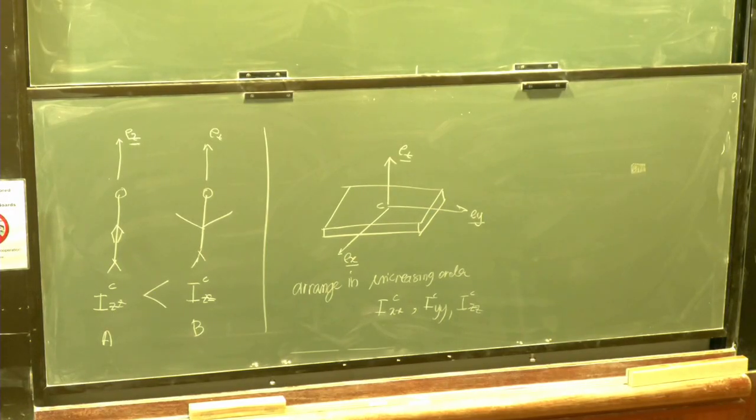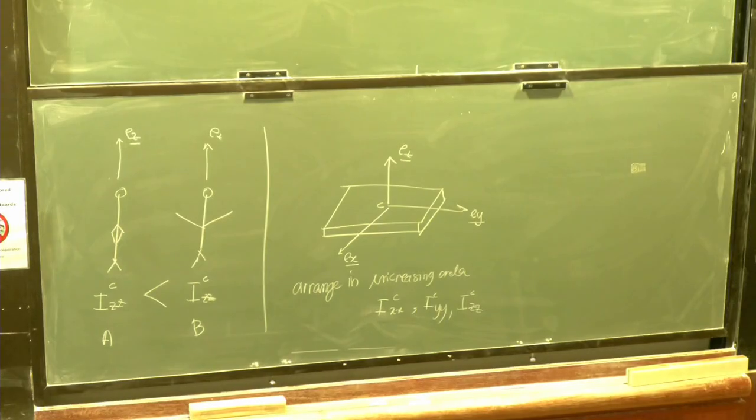Okay, so here, which moment of inertia is the greatest? Z, right? I have the most mass distribution about Z. What about which one is the least? Y, right? Does that make sense? Any questions?